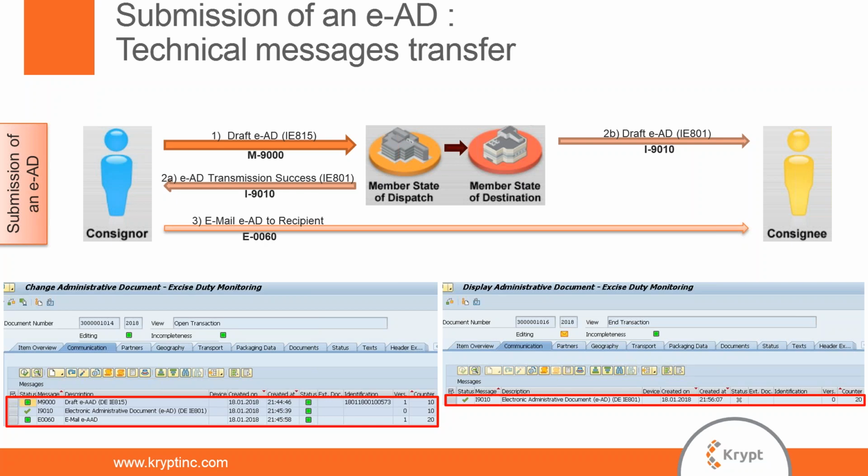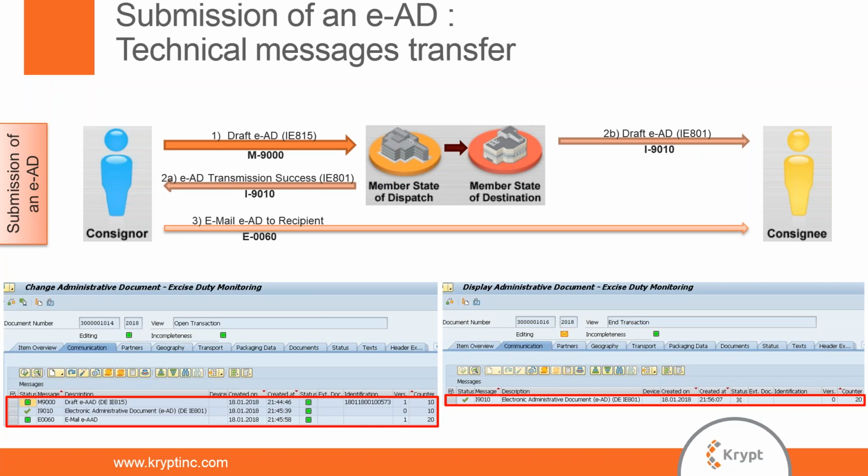Here we can see on the left bottom side, it's a screen from SAP GTS from the consignor's perspective, and on the right side, there's a screen from GTS from the consignee's perspective. What's happening is that we are sending messages like M9000, which is all about sending the electronic administrative messages to the member state of dispatch.